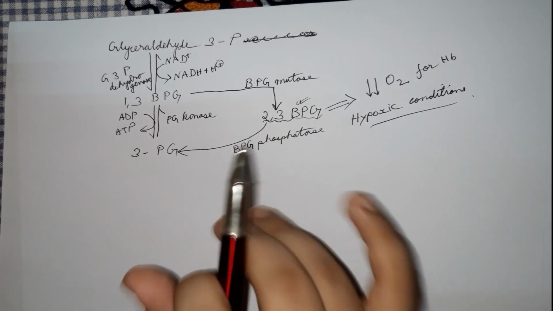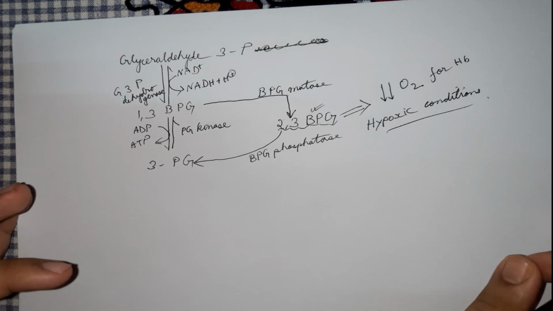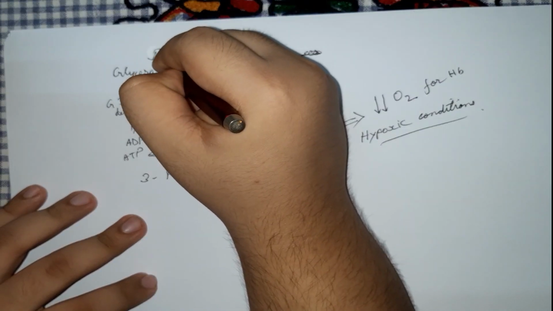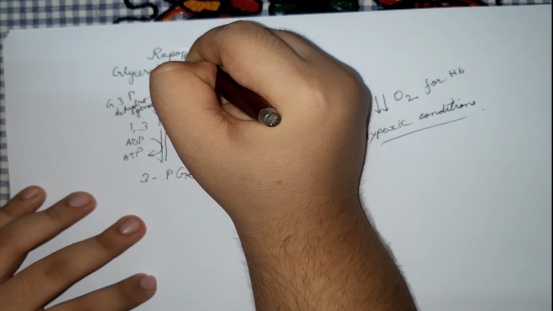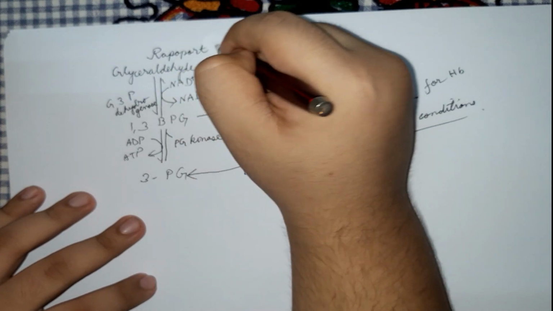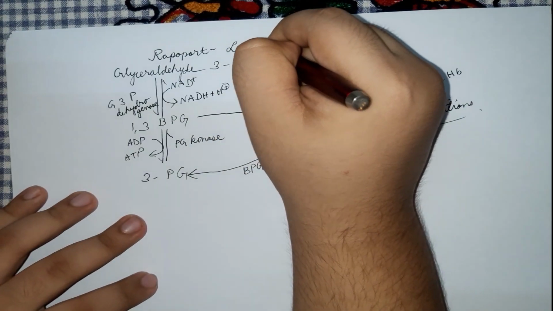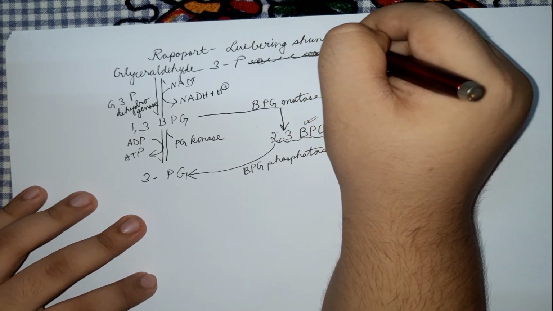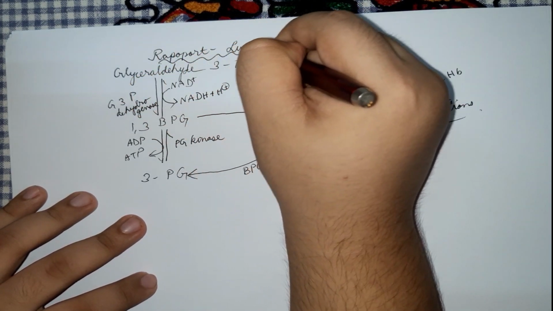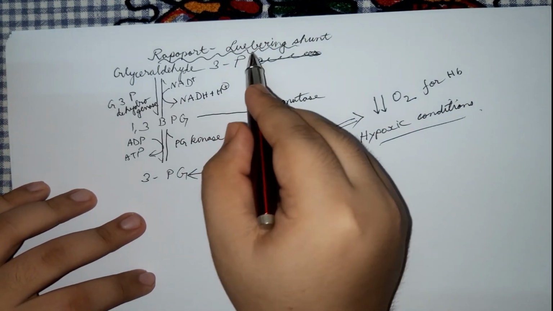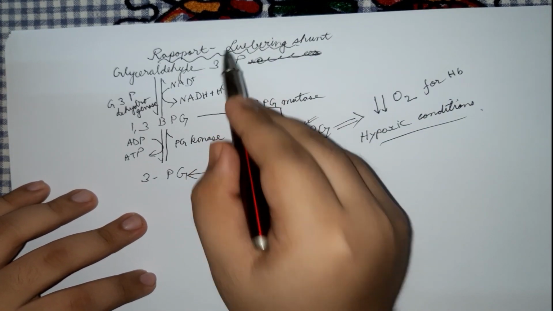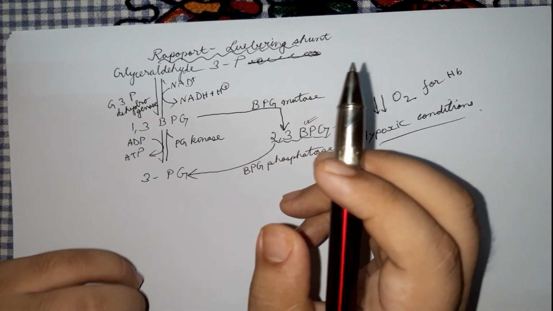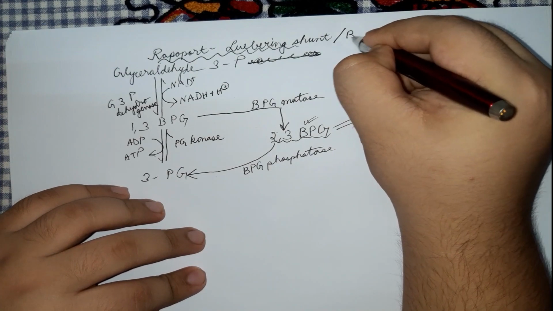That's why this is known as a shunt, namely the Rapoport-Luebering shunt. Okay, Rapoport-Luebering shunt. Note the spelling, L-U-E-B-E-R-I-N-G. Rapoport-Luebering shunt, also known as the BPG shunt.